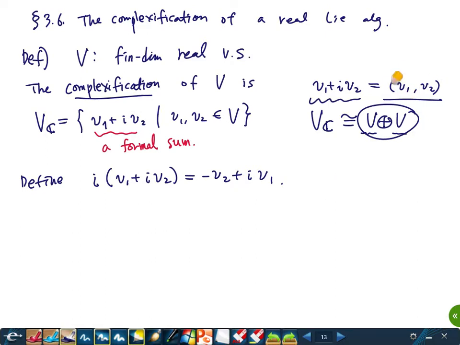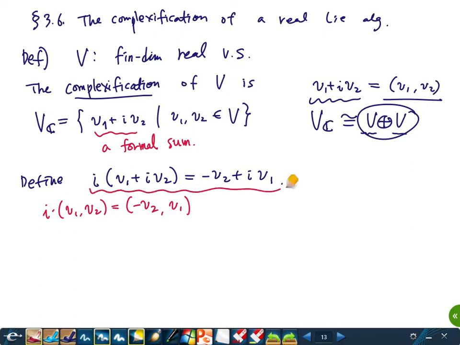If you want to use this, because you are comfortable with complex numbers, this seems quite natural. But if you just use this, v1 comma v2, it looks something like minus v2, v1. They're the same, but we want to write it like that.